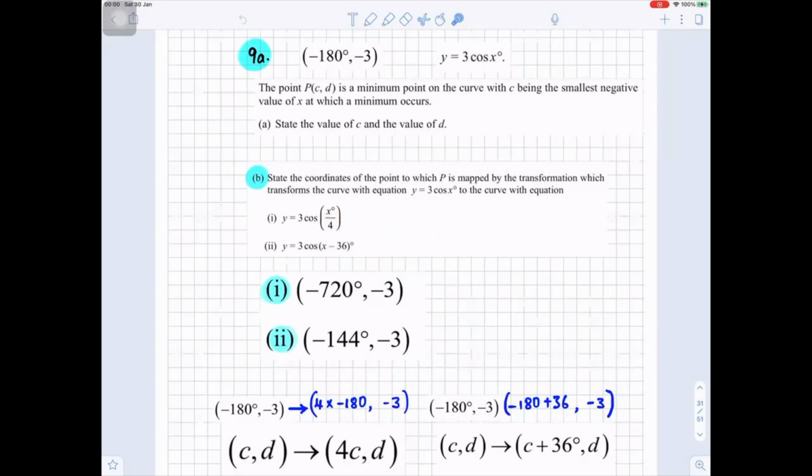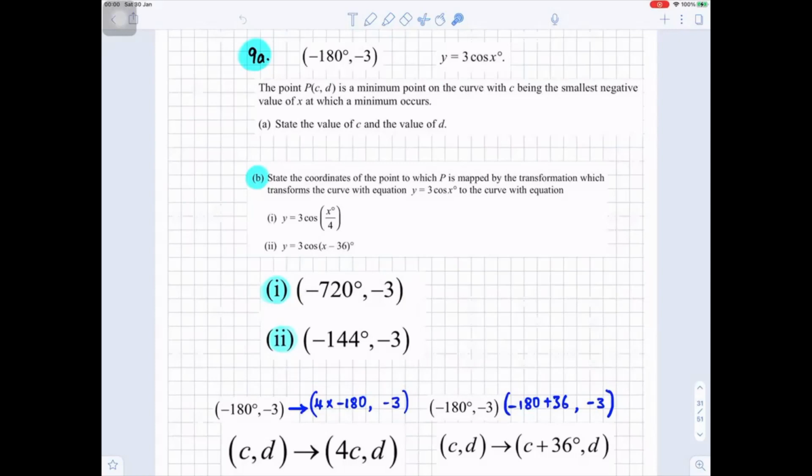So remember, when you divide the x, which is inside the bracket, by 4, you multiply the x value by 4. So (minus 180, 3) would become 4 times minus 180, which would give you minus 720 and 3.